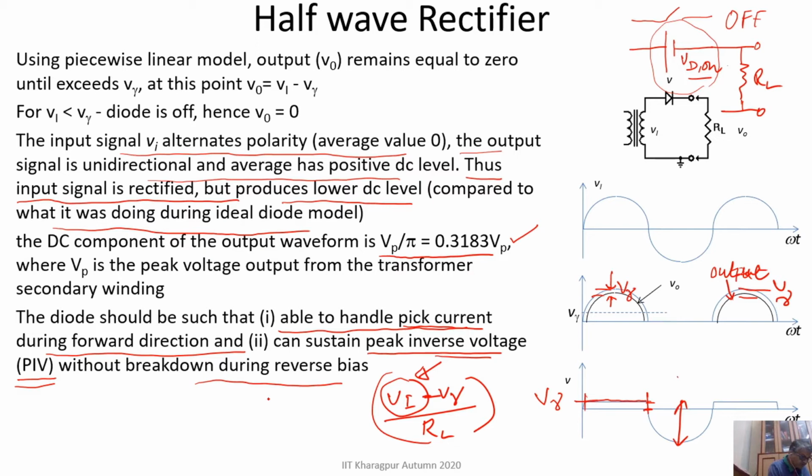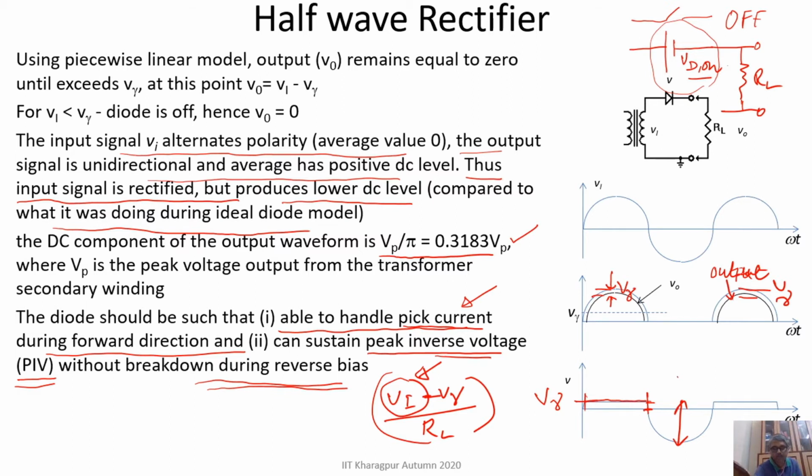If you buy a diode from the market, in the data sheet you will see that they have mentioned the peak current and also the peak inverse voltage. The diode should be able to handle this large current, and the reverse bias voltage across the diode should be lower than the peak inverse voltage.